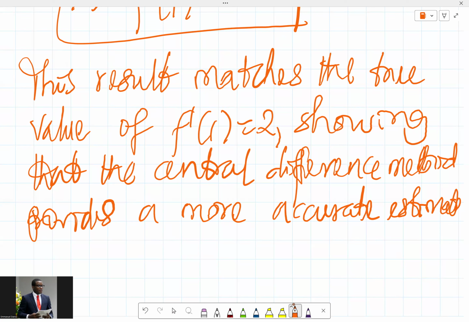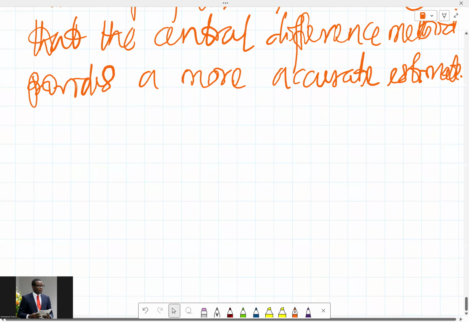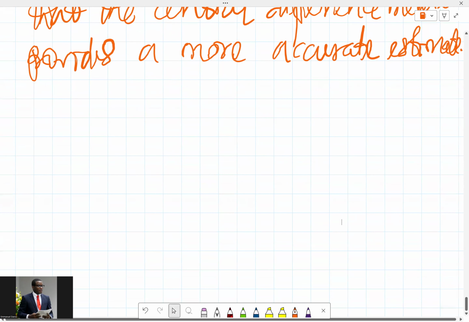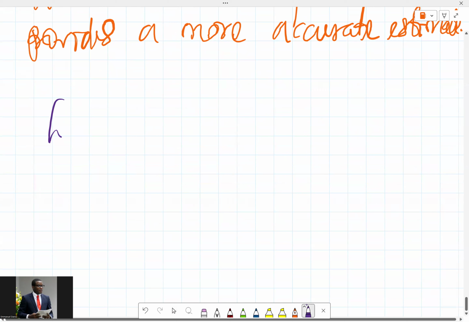So if you have to choose an option of all the types of differences, you know that the central difference is the best for sure.